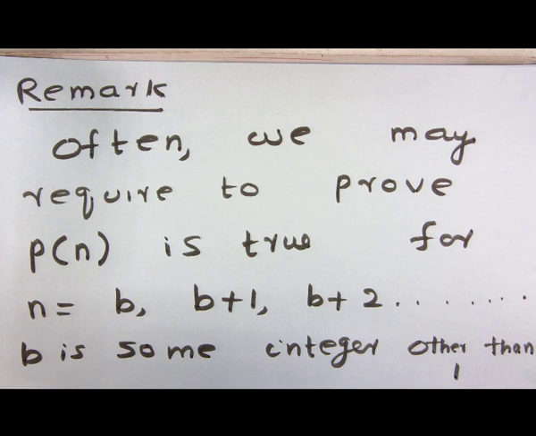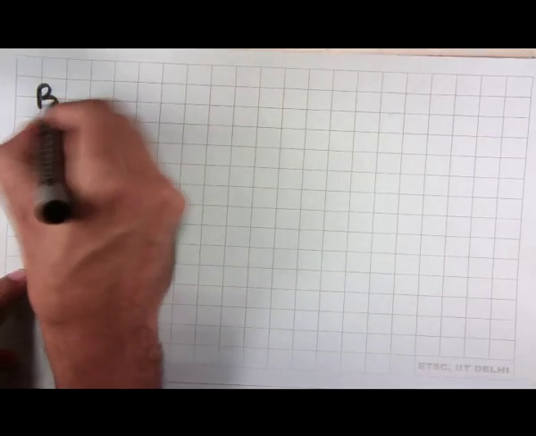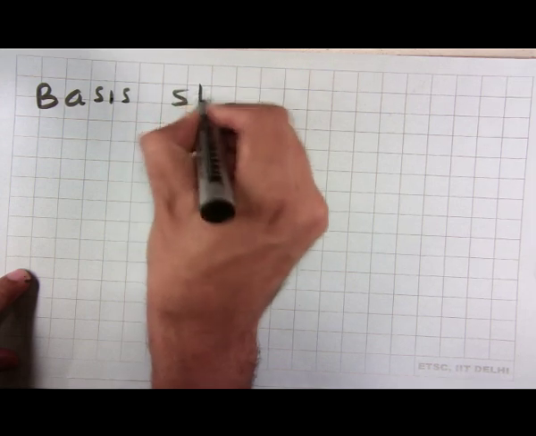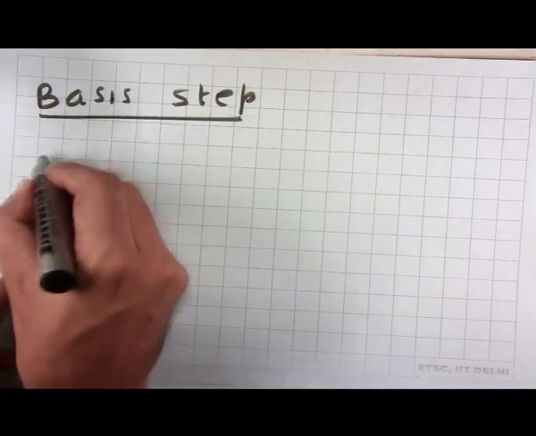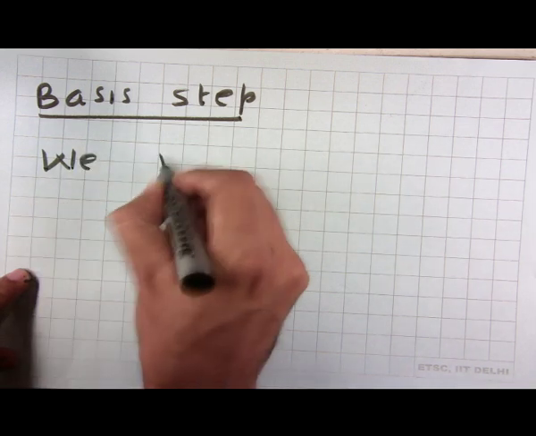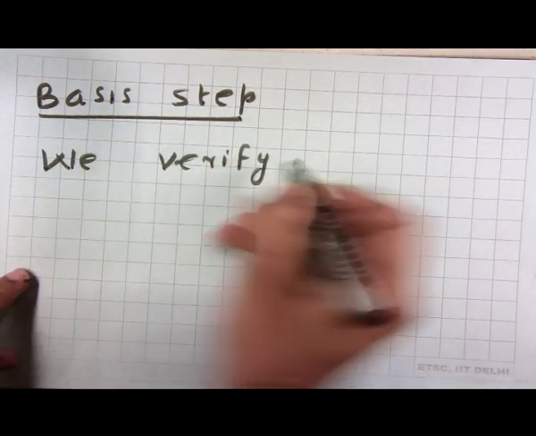Yes, with a slight modification. And what is the modification? In the basis step, instead of proving that P of 1 is true, we verify P of b is true.